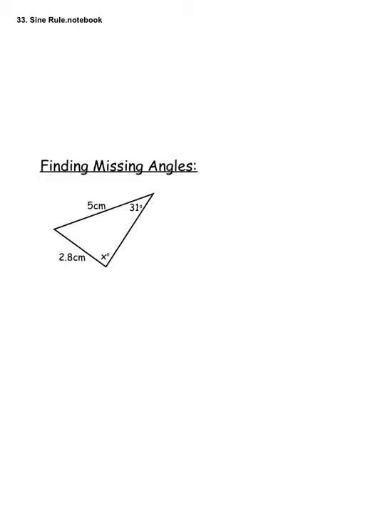To find a missing angle using sine rule, it's exactly the same process except for the formula is swapped over. So instead of the sine A being on the bottom, it is now on the top of our fraction. So sine A over A is equal to sine B over B is equal to sine C over C. Okay, so here's the information we're going to put in first.